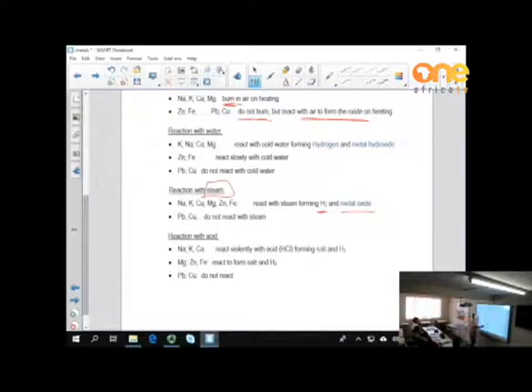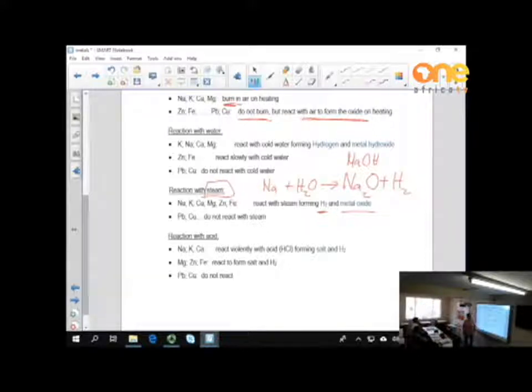So, for example, if I took sodium and made it react with steam, I am going to get sodium oxide plus hydrogen. Interestingly enough, if I make them react with cold water, I don't get the oxide, I will get the hydroxide.